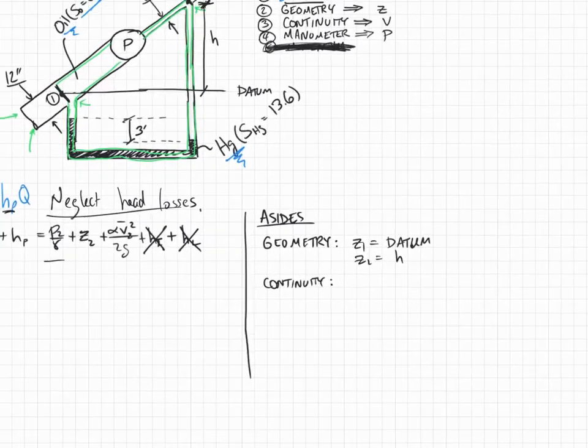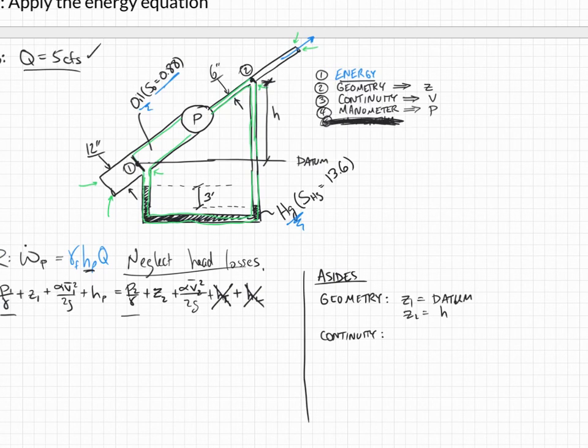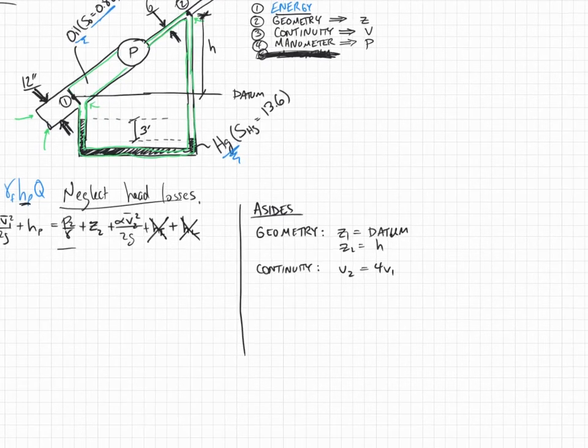So I can say right off the bat, by virtue of the fact that pipe 1 has twice the diameter of pipe 2, that pipe 1 has 4 times the cross-sectional area, which means pipe 2 is going to have 4 times the velocity. So I can say that V2 equals 4 times V1. That's pretty cool. I can use continuity to get out exactly what those values are, but using this, I'm only going to solve for one of them and then know the others.